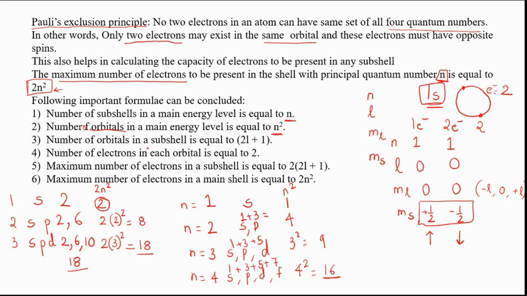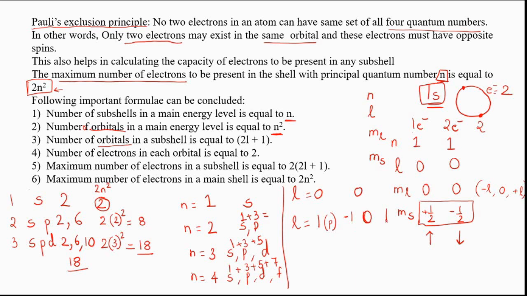Now when we were learning the magnetic quantum number, we also learned that the number of orbitals in a subshell is equal to 2l plus 1. If you remember, if I had L is equal to 0, then there is just one orbital. When the value of L is equal to 1, which is a p orbital, we have ml equal to minus 1, 0 and 1. So what was it giving us?